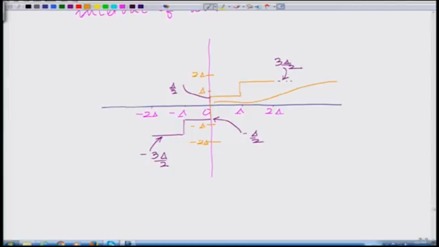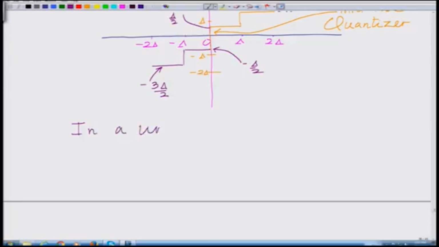Therefore it rises from minus delta by 2 to delta by 2, and this is known as a mid-rise quantizer. So when we have an even number of quantization levels, the quantizer characteristic rises at 0 from minus delta by 2 to delta by 2 in a uniform quantizer. This is termed as a mid-rise quantizer.